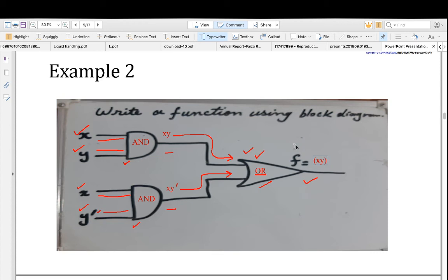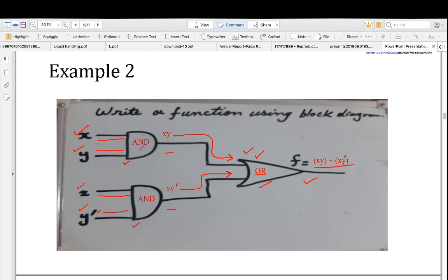This is our first input, and the work of OR gate is to give the sum of first input and the second input. What is the second input? Second input is x, y dash. So this is our final equation, that is xy plus xy dash.